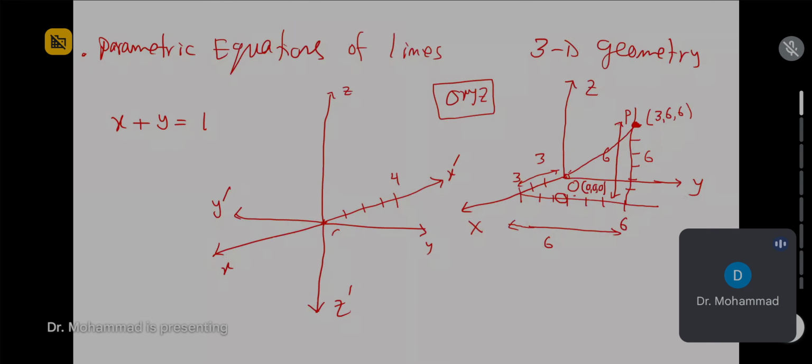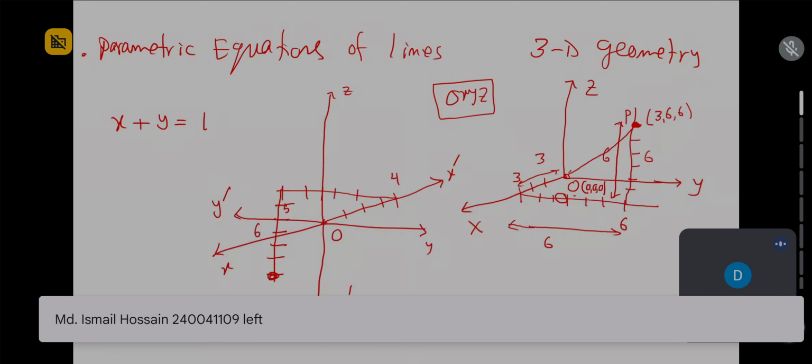So this is 4 units from the origin. And let's say another, 1, 2, 3, 4, 5. This is 5 along the negative Y prime, I mean the negative Y axis. And let's say now we have another point located 3, 4, 5, 6, for example, here. So this is our 6 units along the Z axis, I mean the Z prime.